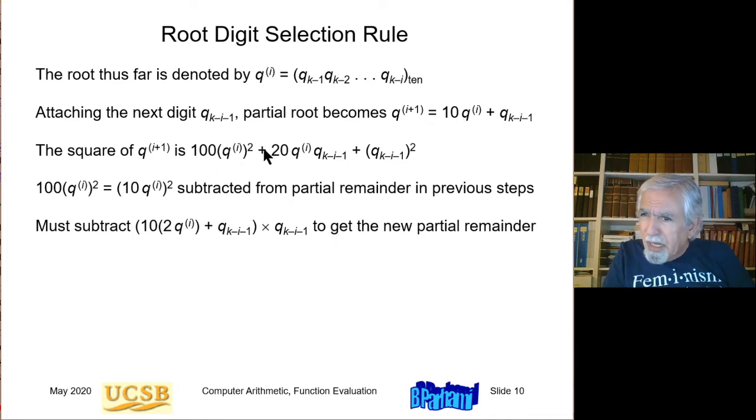Get 100 qi squared, the square of this term, plus q(k-i-1) squared, the square of the second term, plus 2 times the product of these two, 20 times qi times q(k-i-1). So this is the value that I need to subtract from the partial remainder once I've determined what the next root digit will be. Of these values, I've already subtracted in previous steps this value.